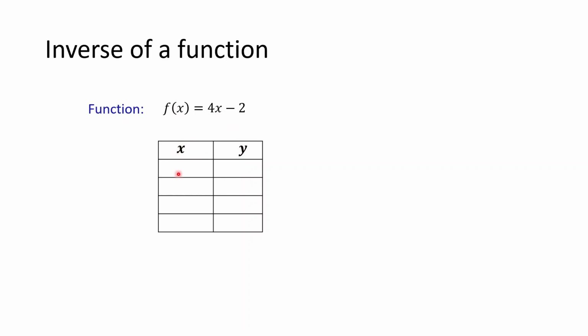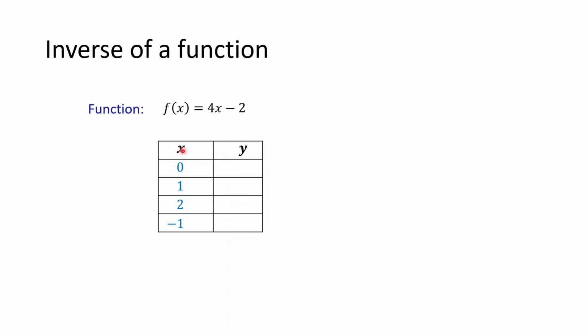For x, I am taking some numbers: 0, 1, 2 and negative 1. Now I am going to substitute these x values and find the function values. The function values are the y values.